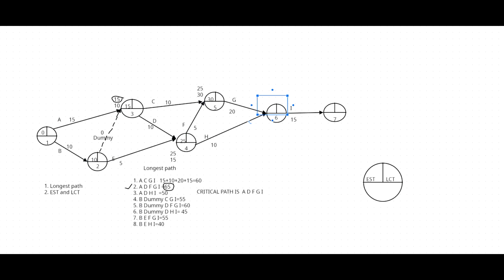Compare the 50 and 35. Select the highest, 50. Then 50 plus 15, only one value, one path. The last event you can say 65.